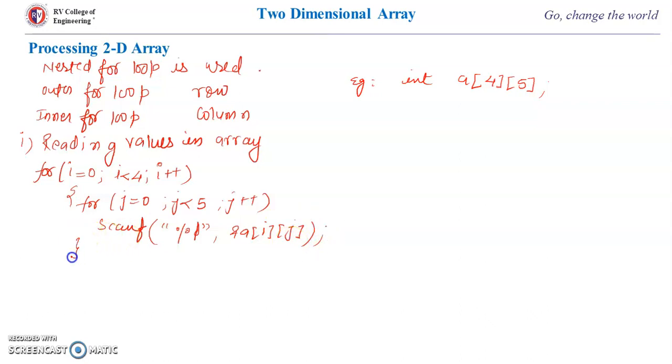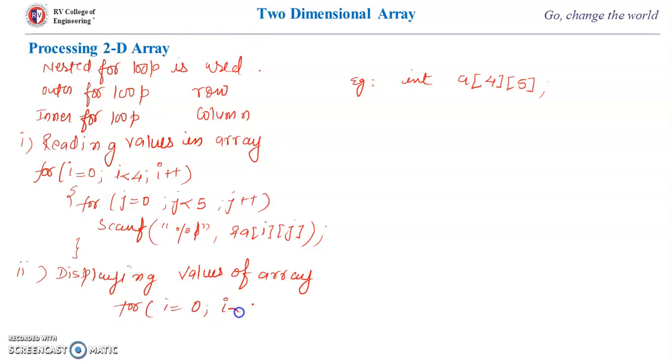Okay. And when we have to display the values of the array, we'll be doing the same thing. We'll be writing two for loops. The outer for loop is for row and the inner for loop is for column.